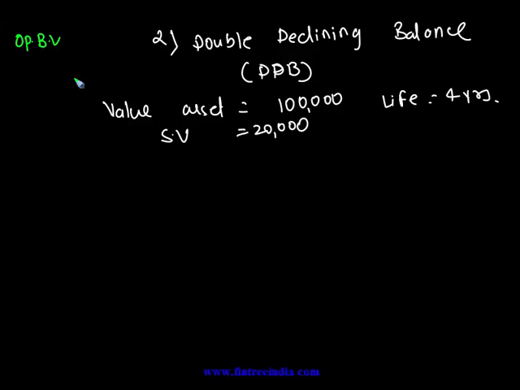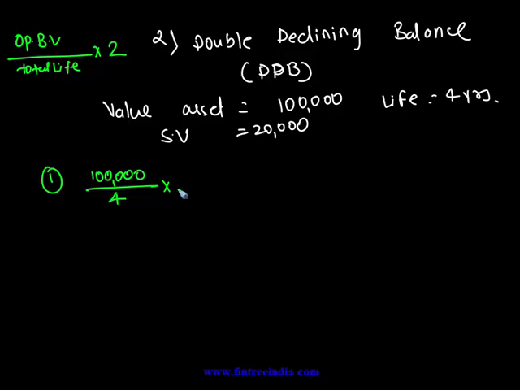And please notice the numerator is not acquisition cost like the straight line method, it is opening book value, divided by total life, not remaining life, multiplied by 2. So in year 1, the depreciation would be calculated as 100,000 divided by 4 into 2, which is 50,000. Another thing to be observed, the salvage value is not a part of the formula.